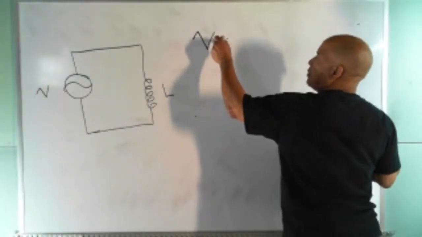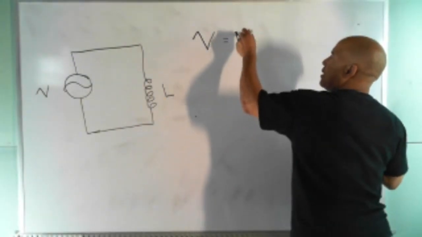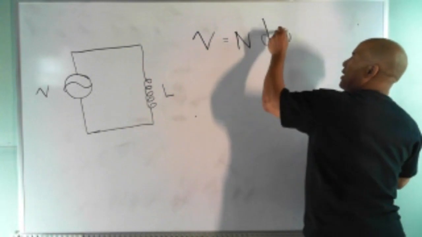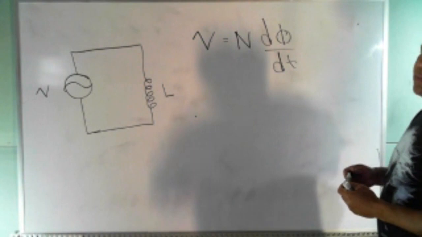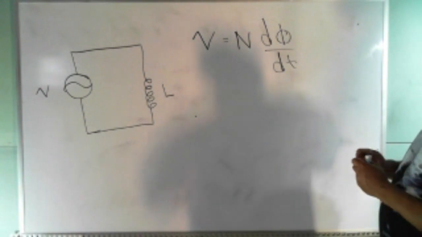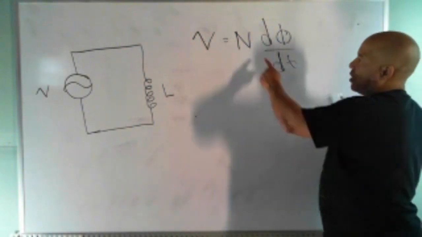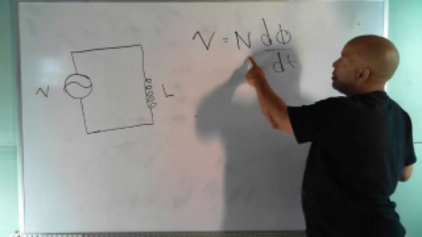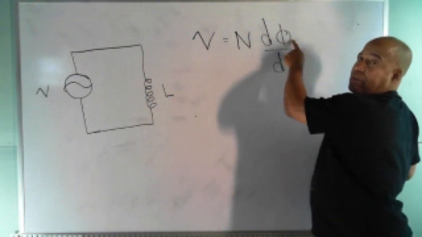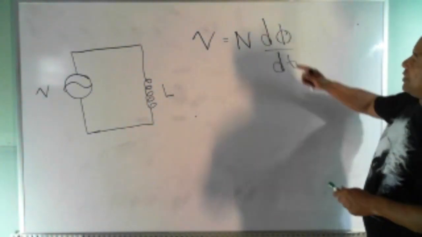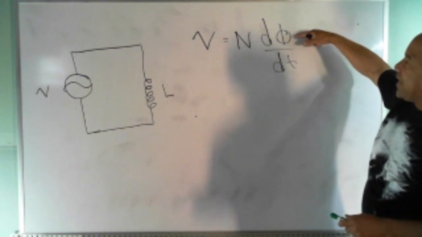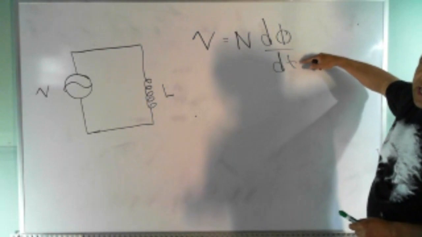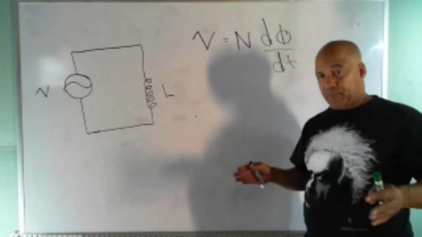V equals N d phi dt. Now, I don't know if you remember that, but N was the number of turns on the coil. Remember, that's the magnetic flux. And now you know this d phi dt thing is a derivative. This is the change in flux over change in time, and that represents movement.